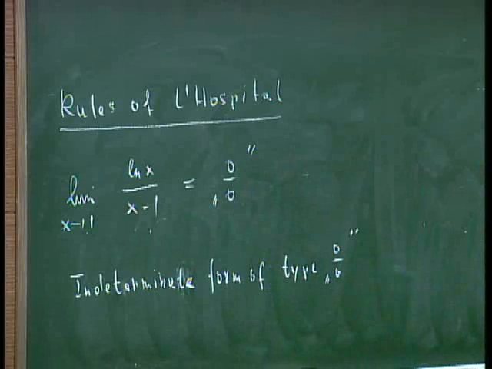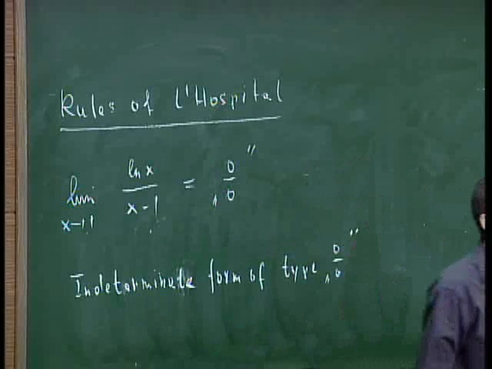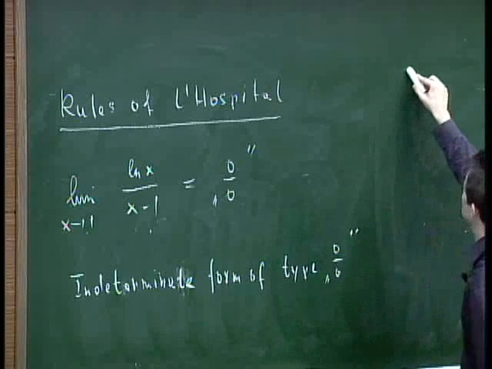And you can easily find examples where you encounter an indeterminate form of type 0 over 0, but you get any possible value. So indeed, this is really an indeterminate form, as is shown by several examples.